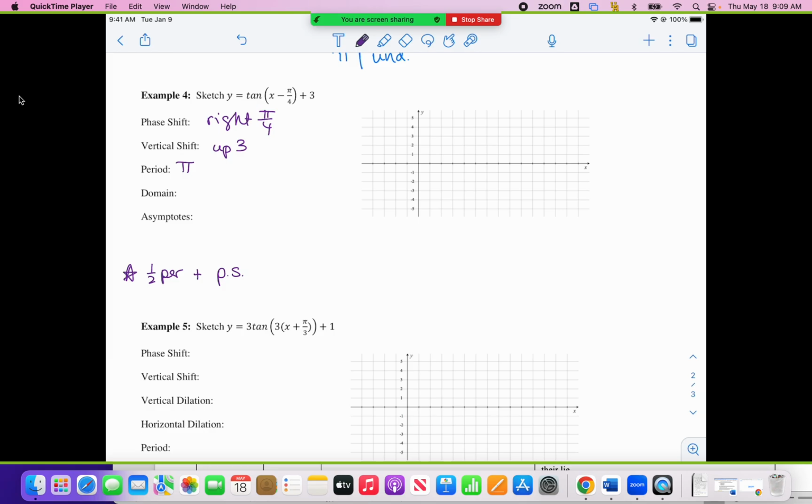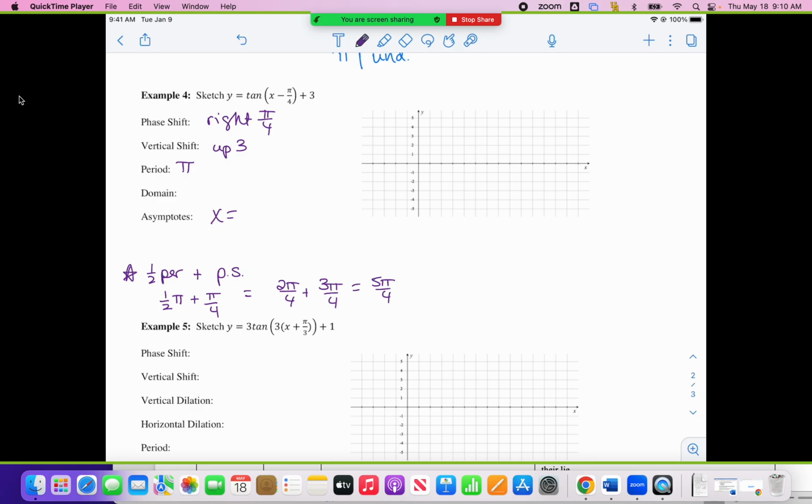So I'm going to take half of pi plus, now if it had gone left, you would have subtracted. So this is 2 pi over 4 plus 3 pi over 4. So my first asymptote could be 5 pi over 4 plus the period.